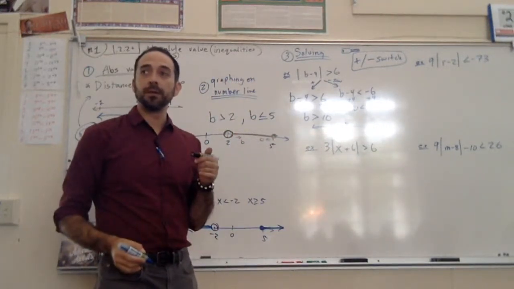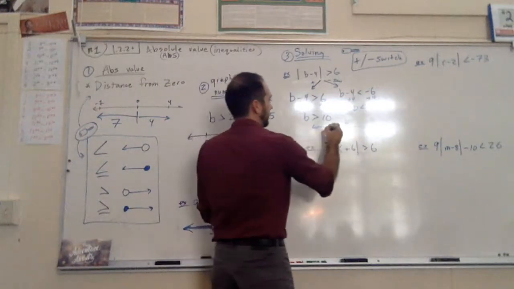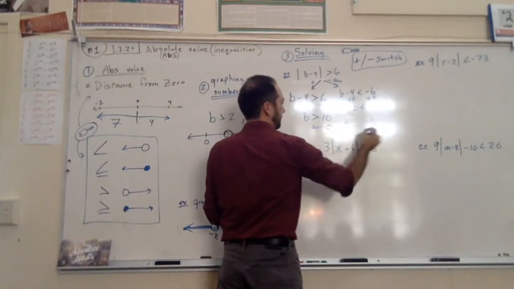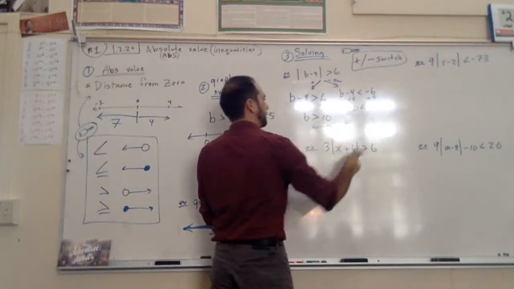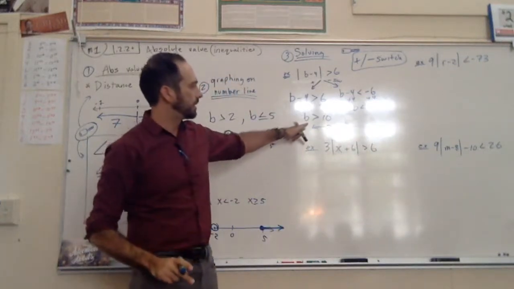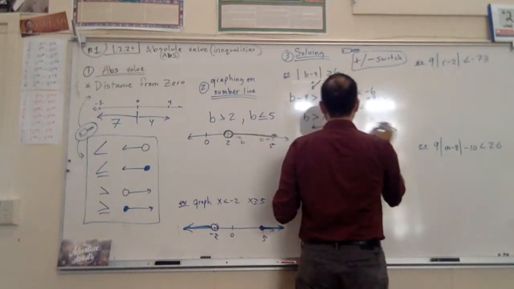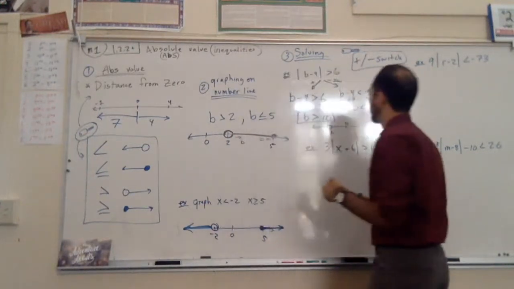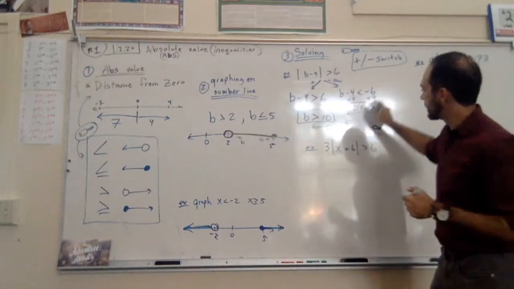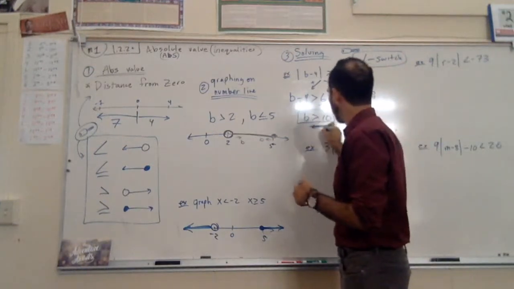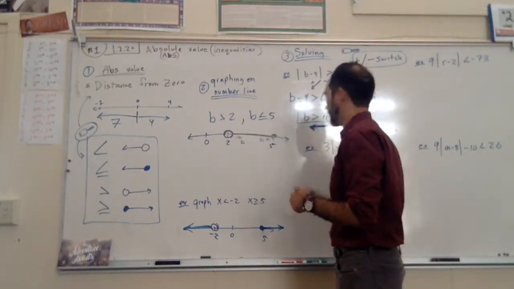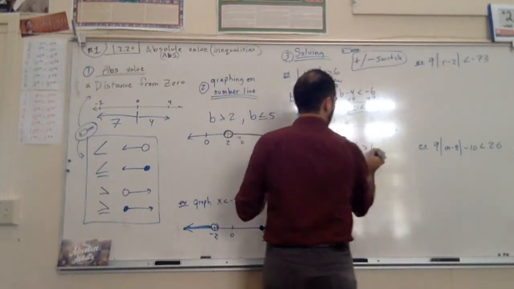They're both open dots. Here we have B is greater than 10, so I know it's going to be out there. Here we have B is less than -2, so we're going to go that way. All right.